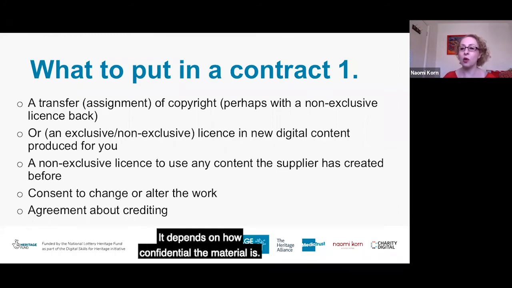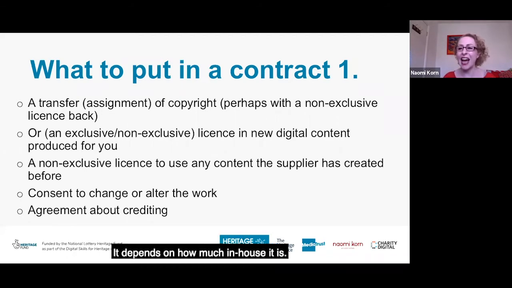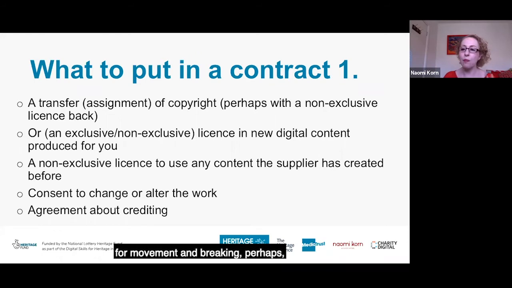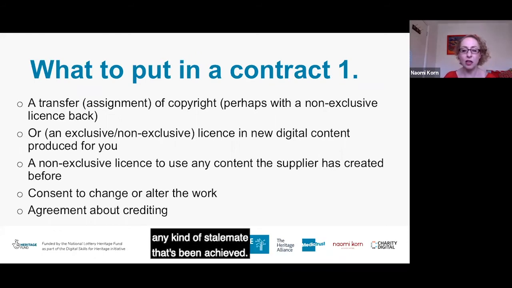It depends on how confidential the material is, how much in-house it is, and how valuable it is. And we saw earlier in the webinar that there are lots of different ways we work with suppliers. There's no one rule that fits all, but certainly that gives some scope for movement and breaking perhaps any kind of stalemate that's been achieved.